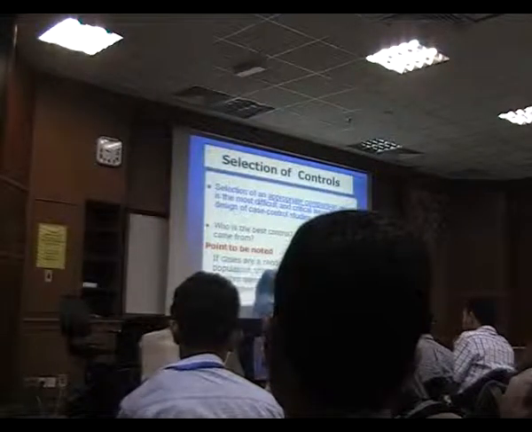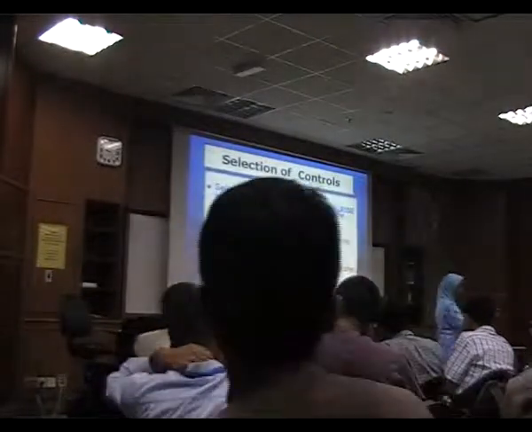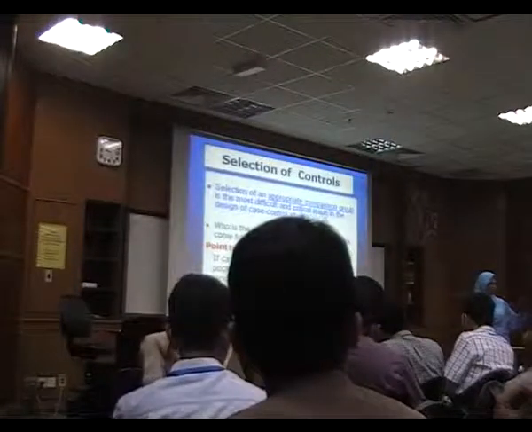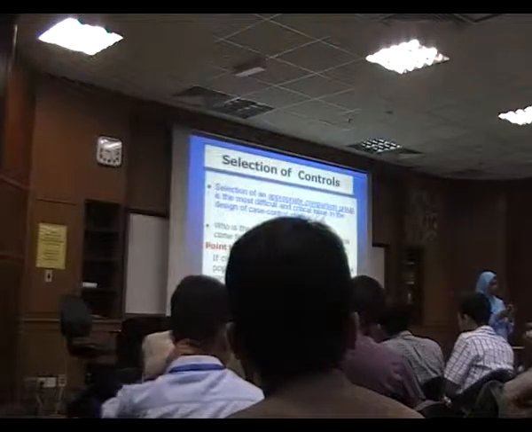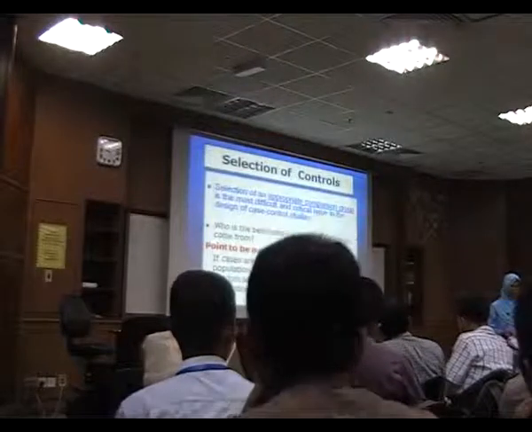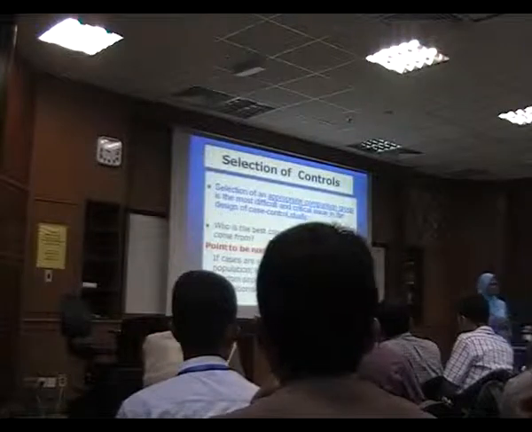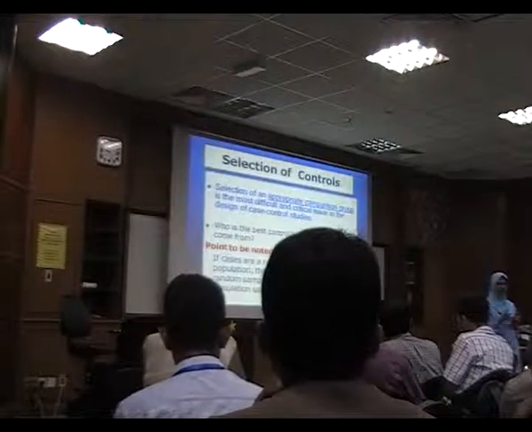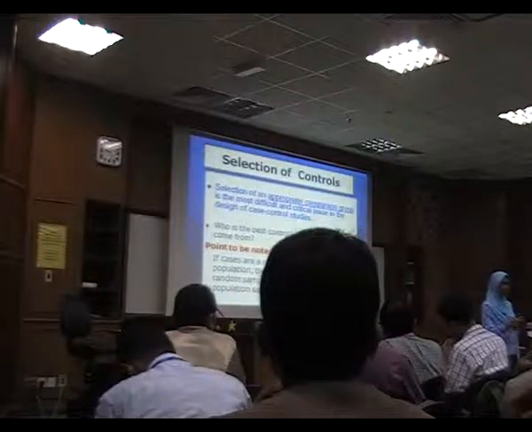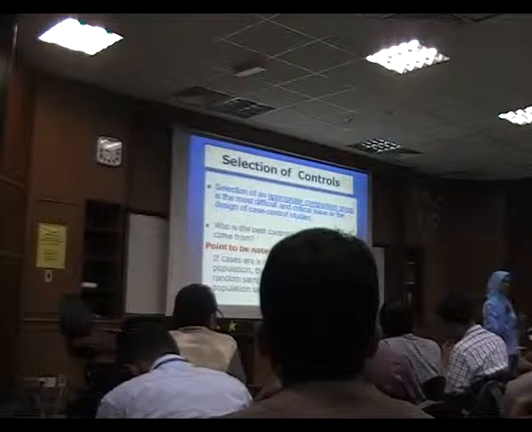For instance, I give you the example. If you go to the cancer hospital in 2008, you want to look at 2008, and you need 50 lung cancer cases, you took randomly 50 lung cancer cases. In the same hospital, from those who are not suffering from lung cancer, you take 50 controls randomly in 2008.